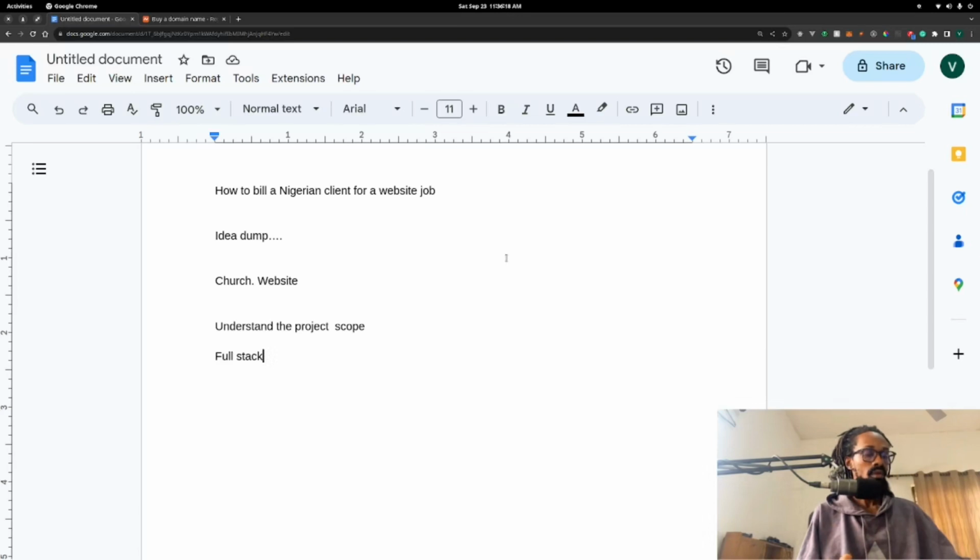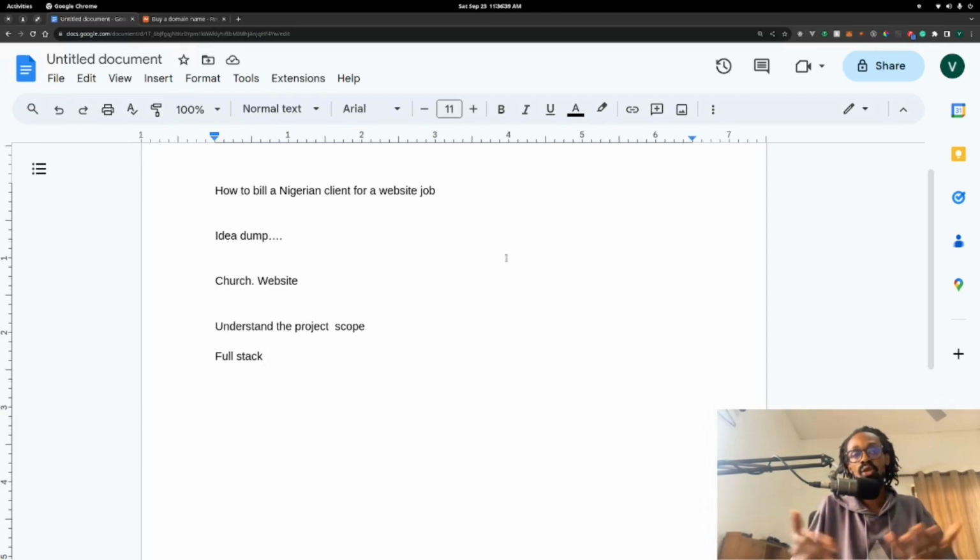Now, we're done with the home pages and stuff. There is a bill on that, so you charge them for that. They pay, they review your work, they pay for it, and then you move to the next level. If they refuse to pay for it or there's back and forth, you can now decide whether or not you want to proceed with the project.